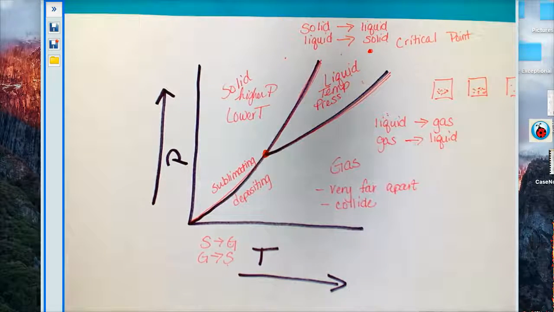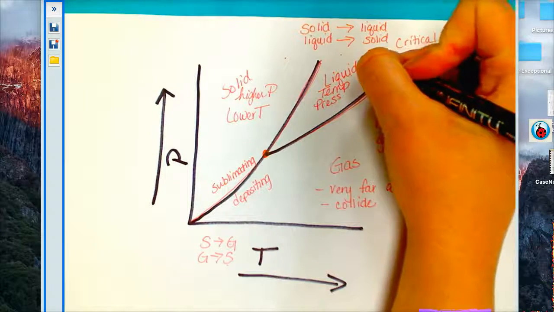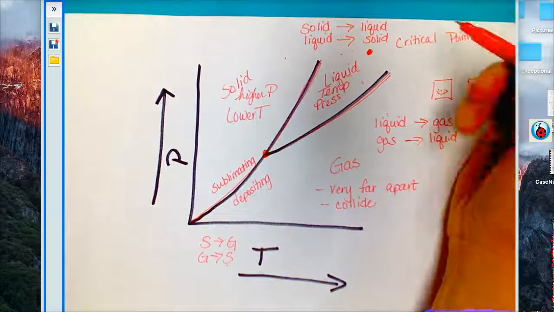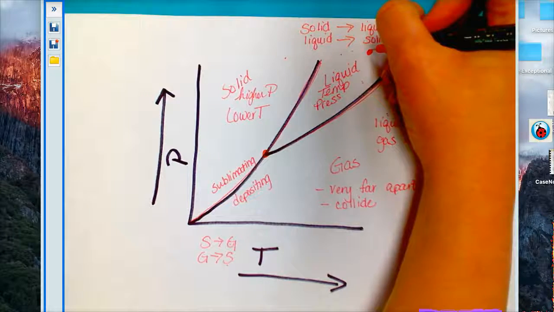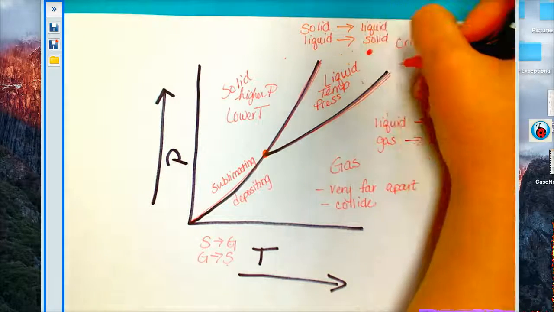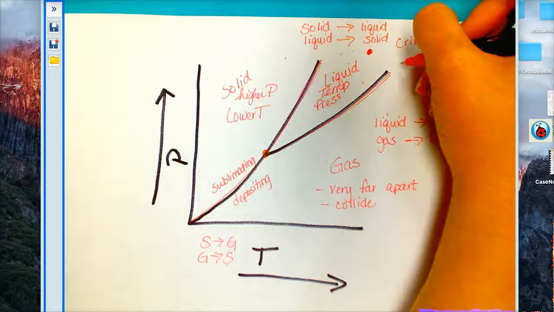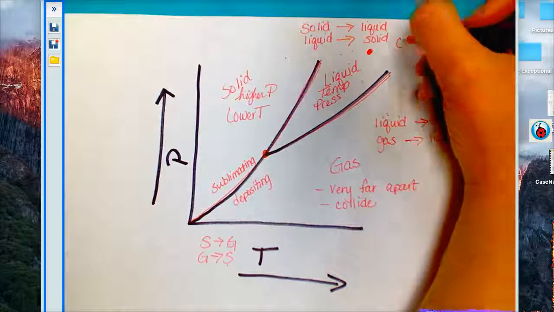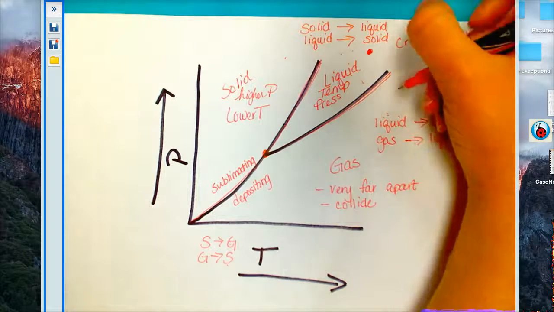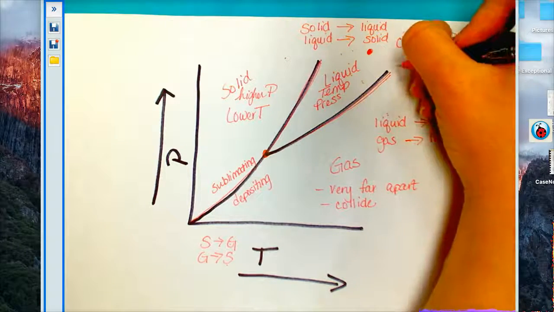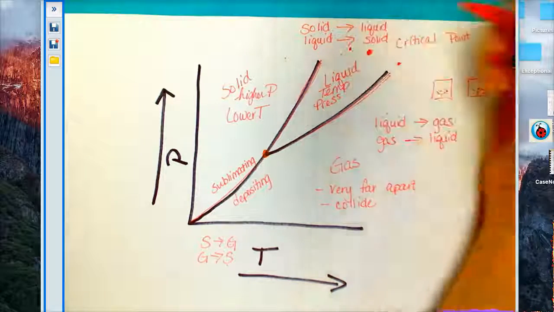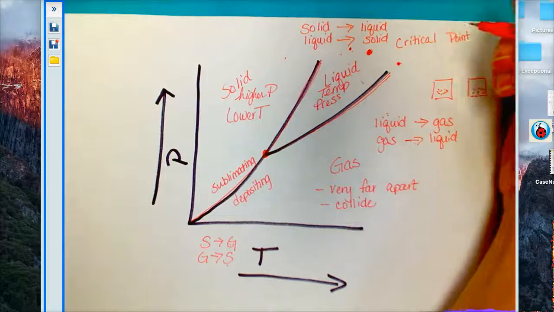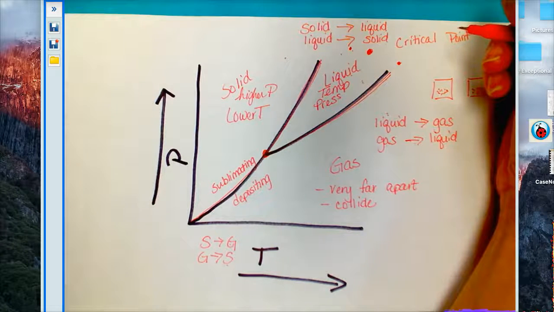So the temperature can continue to rise, and you end up getting to a point up here somewhere in between these two areas where you have a great deal of liquid that is starting to become more chaotic and more spread out like a gas because it's under so much pressure. You also have, because it's at such high temperatures, a great deal over here, say here's the liquid, and then over here you have a great deal of gas particles that are starting to behave more like a liquid because they are under such high pressure.